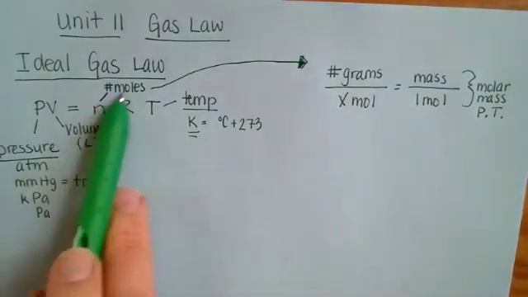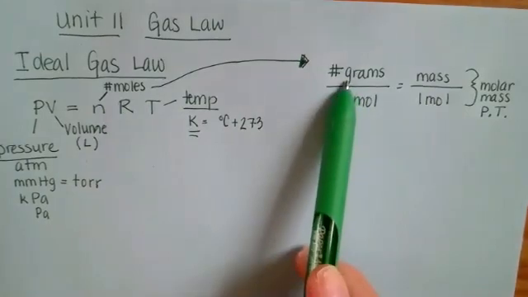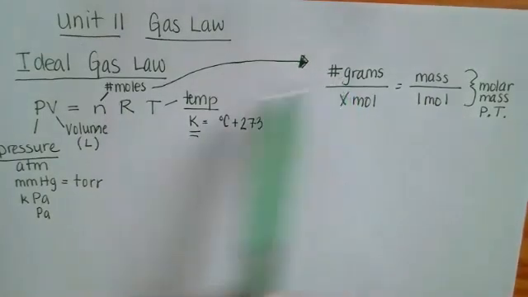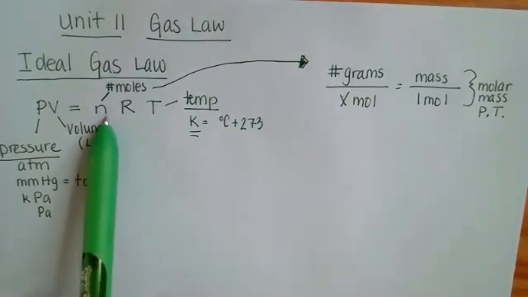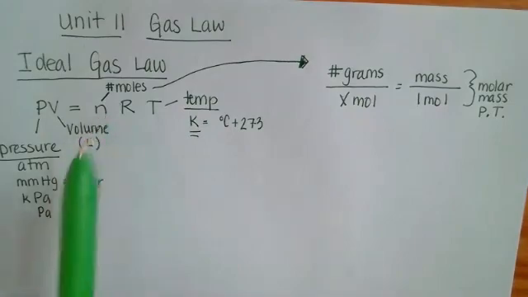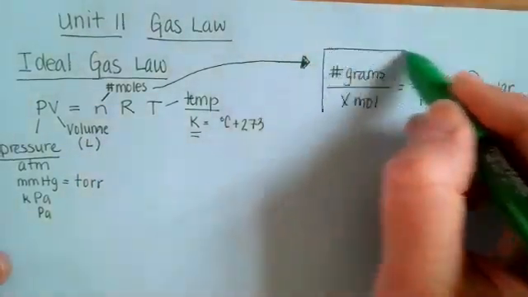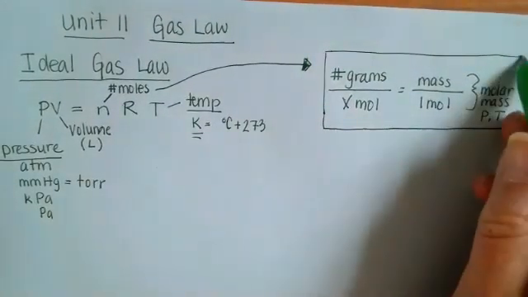And just a reminder how to convert, because I do have practice problems where I give you the amount of grams of a gas, but in order to utilize this ideal gas law, you'll need to be able to convert into moles. Okay, so reminder of that. Let's box that in because it's important. We've been using it a lot, and we're going to keep using it throughout the rest of the school year.